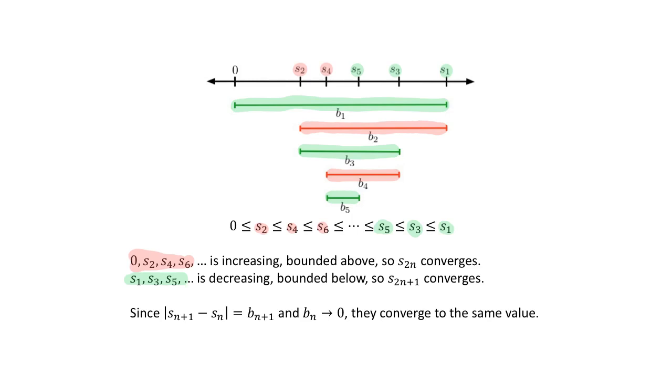Now here's the great thing. If we look at the difference between consecutive terms in the sequence of partial sums, we're going to look at s sub n plus 1 and s sub n and find out how far apart they are. Well, let's take an example here. Let's suppose that n is equal to 3. So if n is 3, we're here at s3. s4 is down here. The difference between them is how far apart they are.